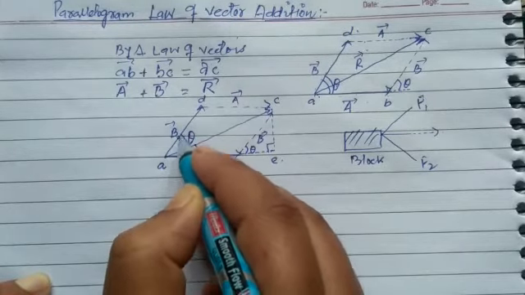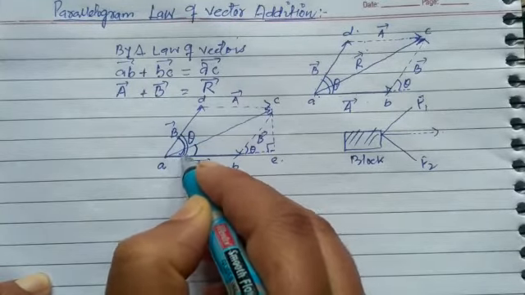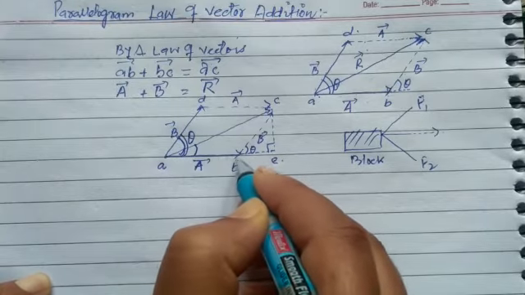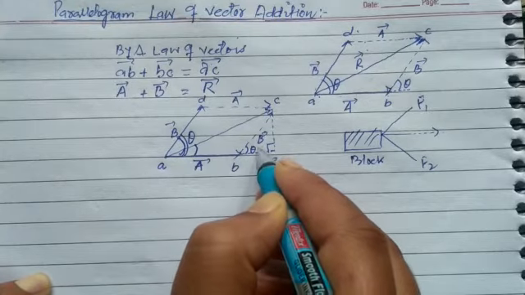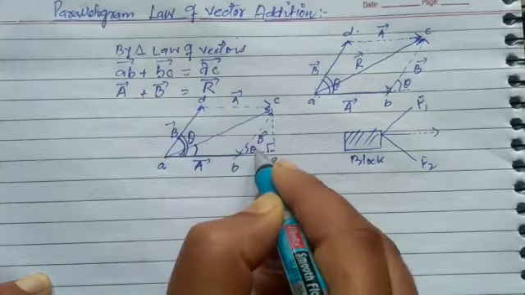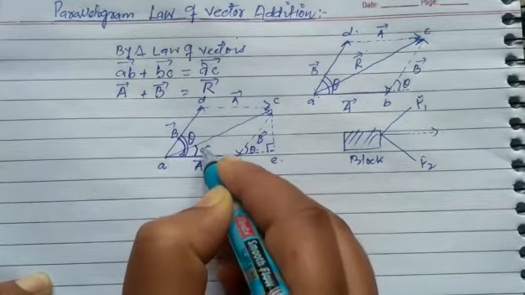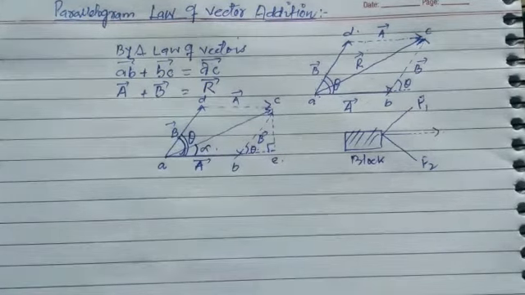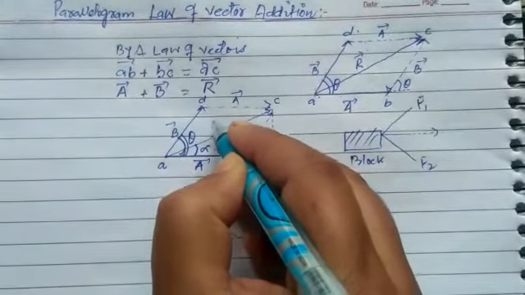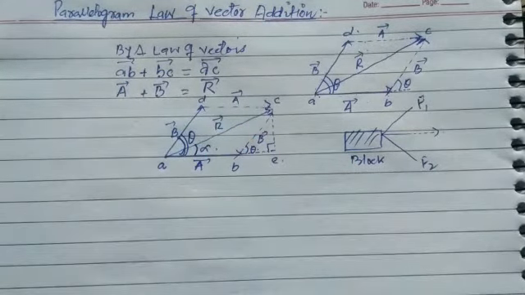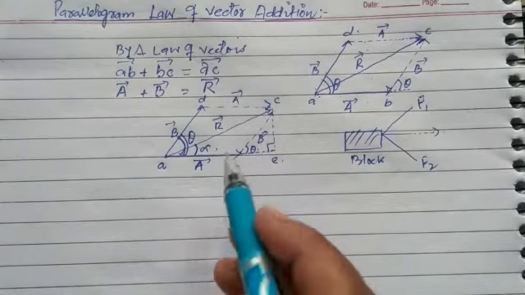So AD is making an angle of theta with the AB, and once AB is produced forward, it also makes an angle. The same angle will be here, and let this be alpha. Alpha is the angle made by resultant with A. Theta is the angle between two vectors. Now I think it is same as it was in the triangle of vectors.